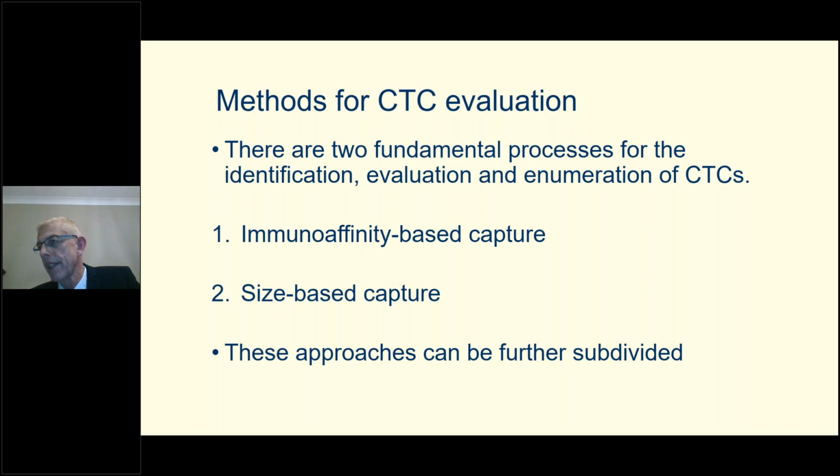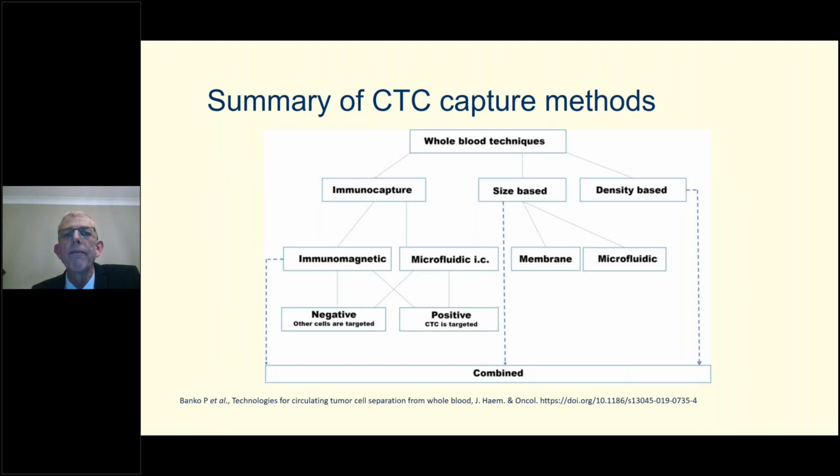And these approaches and methods can be further subdivided to give an extra level of detail. So if we look at this flowchart here, we have whole blood here. And if we look at immunocapture, we can use antibodies and magnetic techniques to capture cells of interest, rare cells of interest.